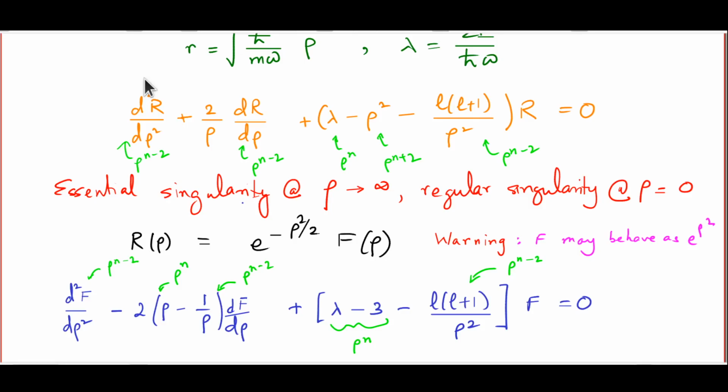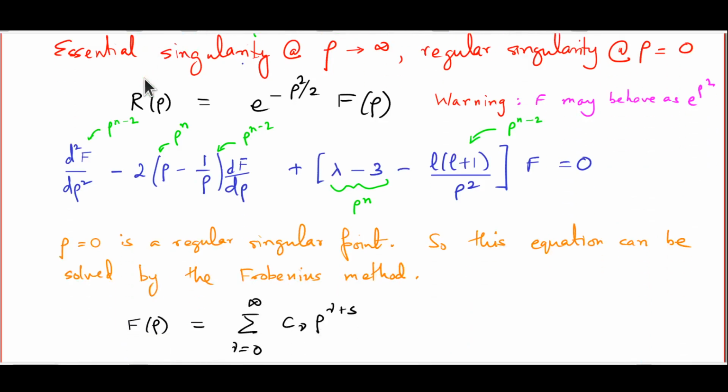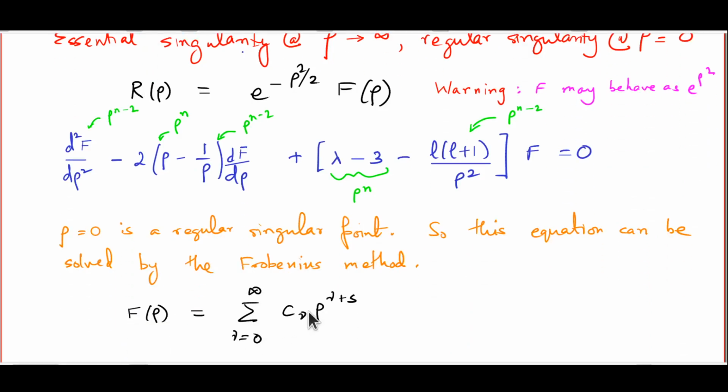So basically what we do is we don't take a power series, but we do take a form which looks like this. C nu rho to the nu plus s. The presence of this rho to the s essentially tells you that this may differ from a power series. If s is negative, of course, the solution will have a pole at rho equal to 0. If s is fractional, it will have a branch point. Of course, it's possible that s is 0 or a positive integer, in which case that particular solution will be free of a singularity at rho equal to 0.